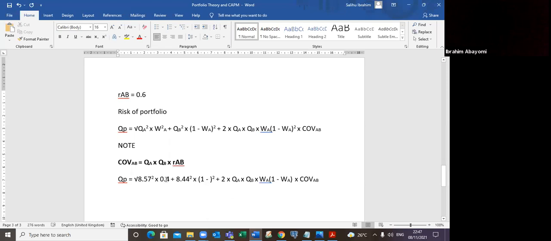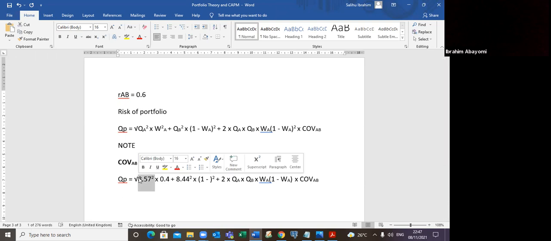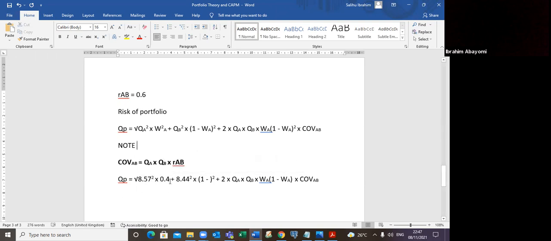So we started keying in our information yesterday. This is the variance of A. The square of standard deviation is variance. So you simply pick the standard deviation of A and square it. And the weight of A, we calculated yesterday under requirement A, we have 0.4.